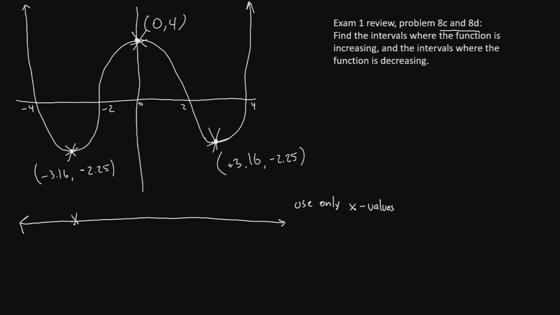So I'll put a star here, and I'll mark it with the x value, negative 3.16. And then another star at 0, using only this x value, and another star at 3.16. To find if the interval is increasing or decreasing, we are going to go from the left to the right, and then look at what's happening to y.